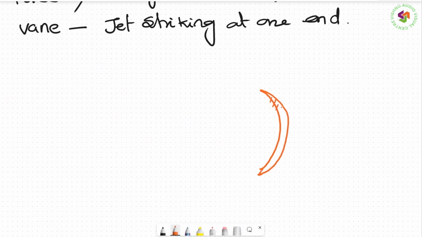Right? So this is the curved vane, again fixed. Always I draw the center line. Irrespective of whether it strikes there or not, the center line is always required for me because that shows the x direction. This is the y direction.